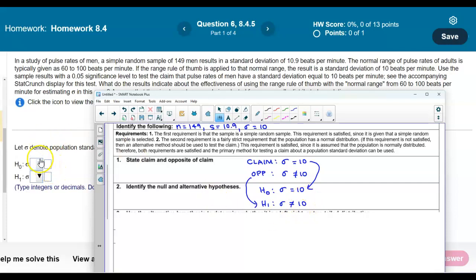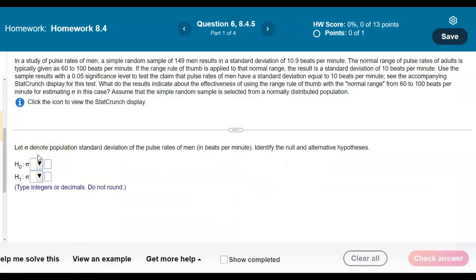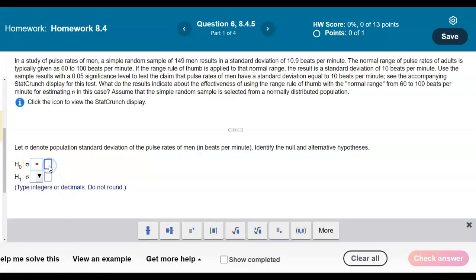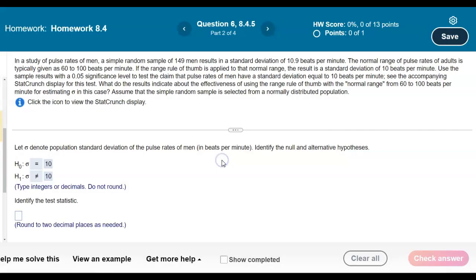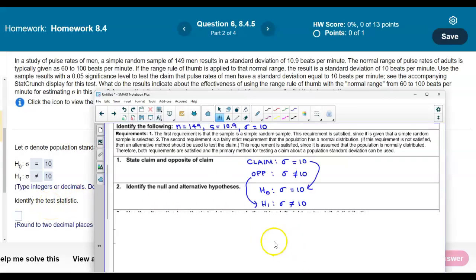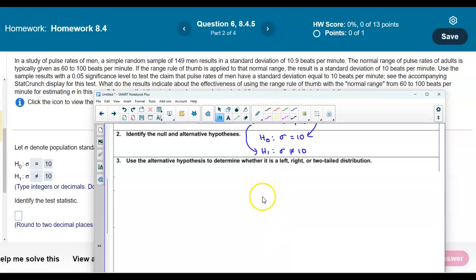So let's go ahead and put in our information here. We put in equals, and then the value of 10, and then not equals 10, and let's check our result, and there's our answer. Now it says identify the test statistic, but we're going to confirm that test statistic with our problem here. Before we move any further, we need to use the alternative hypothesis to determine whether there's a left, right, or two-tailed distribution.